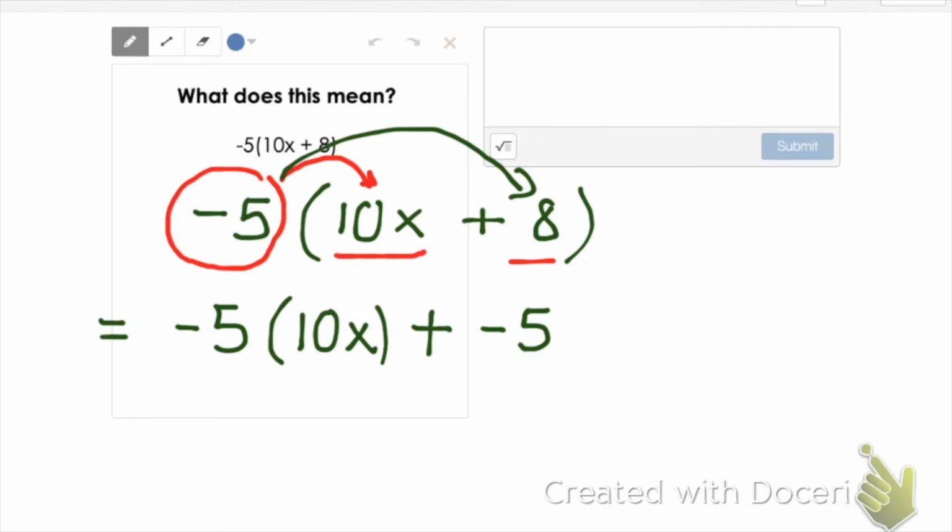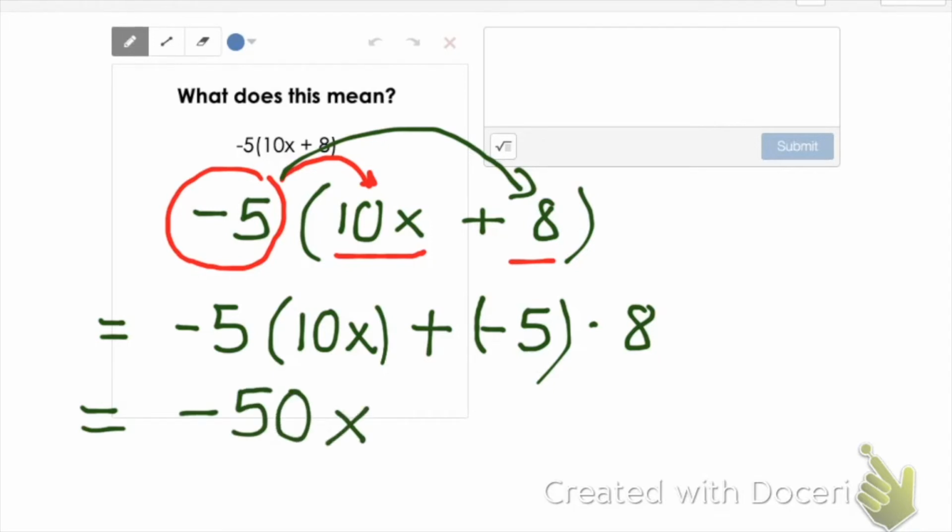Remember, we cannot put the positive and the negative together, so we have to put them in parentheses. So negative 5 times 8. So negative 5 times 10x is going to be negative 50x. Negative 5 times 8 is going to be negative 40. And we dropped out the addition.